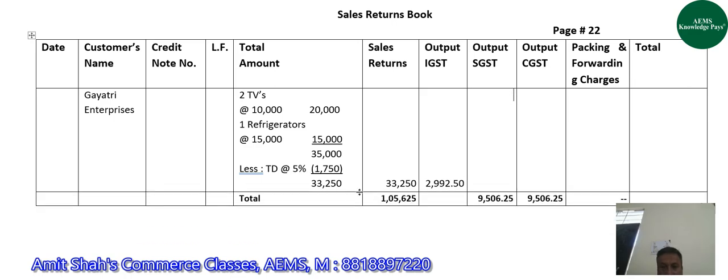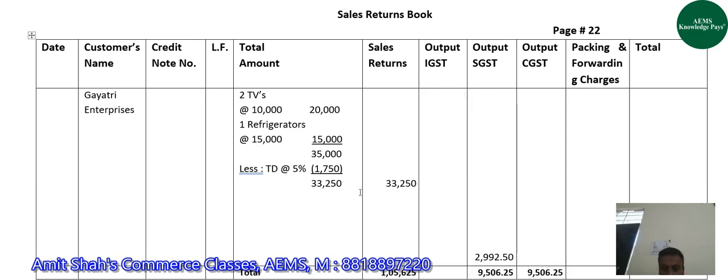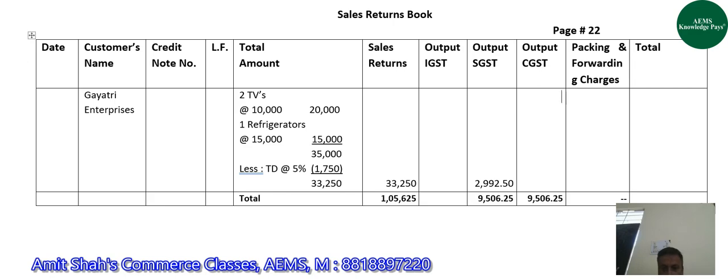The same is the amount of CGST, 2,992.5. So the total with which we have to credit Gayatri Enterprises is the sum total of this. You can start making down this sales return book, guys.